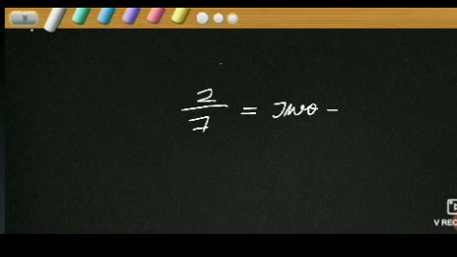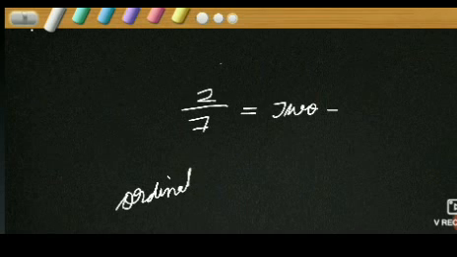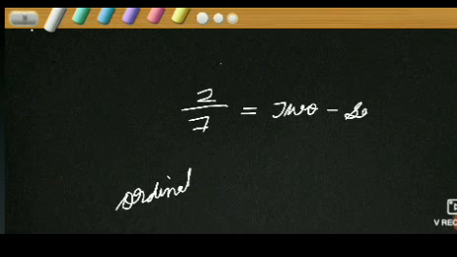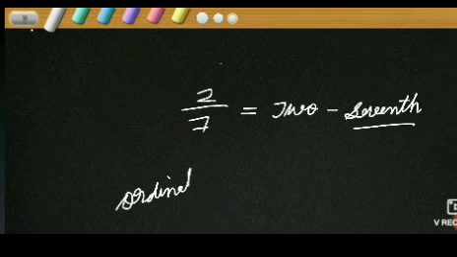We have to write the ordinal number of the denominator, for example the ordinal number of 7, which is 7th. That is the way for writing a fraction in words, or reading a fraction properly.